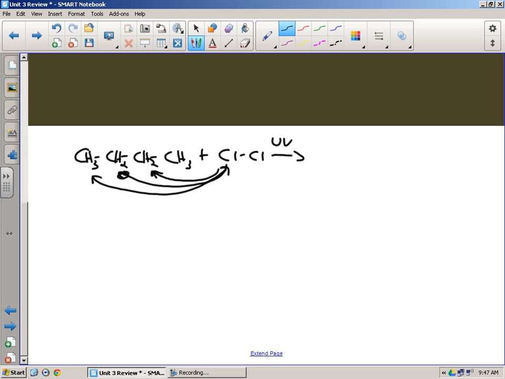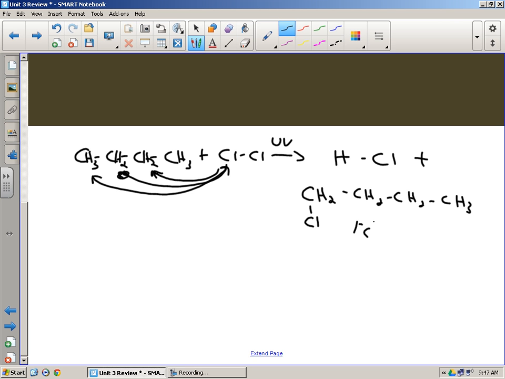Don't forget, when you take the H off, the H combines with the Cl, so one of your products is hydrogen chloride. Don't forget about that. The chlorine comes in, let's say, CH2Cl, CH2, CH2, CH3. So that's an option. Of course, that's 1-chlorobutane.